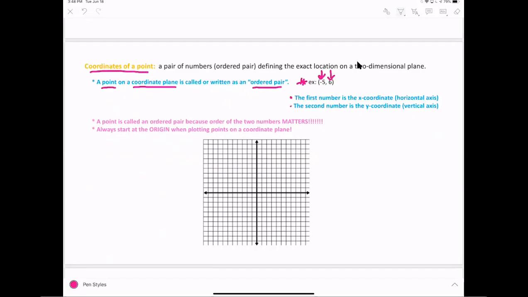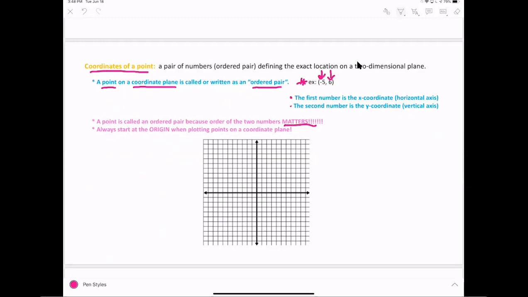A point is called an ordered pair because the order matters. Think about your alphabet: x comes before y.